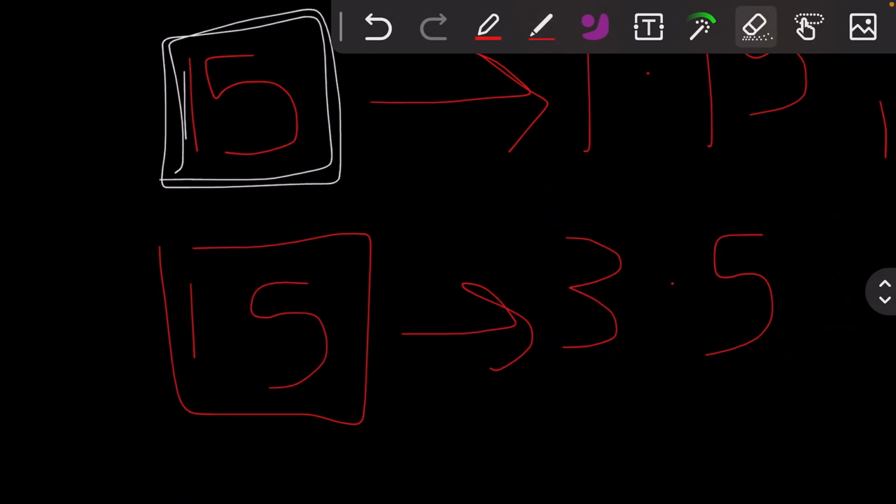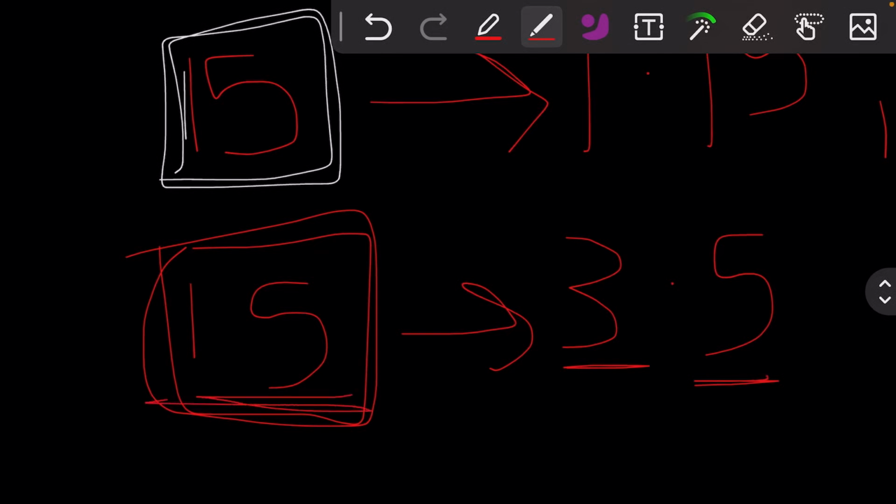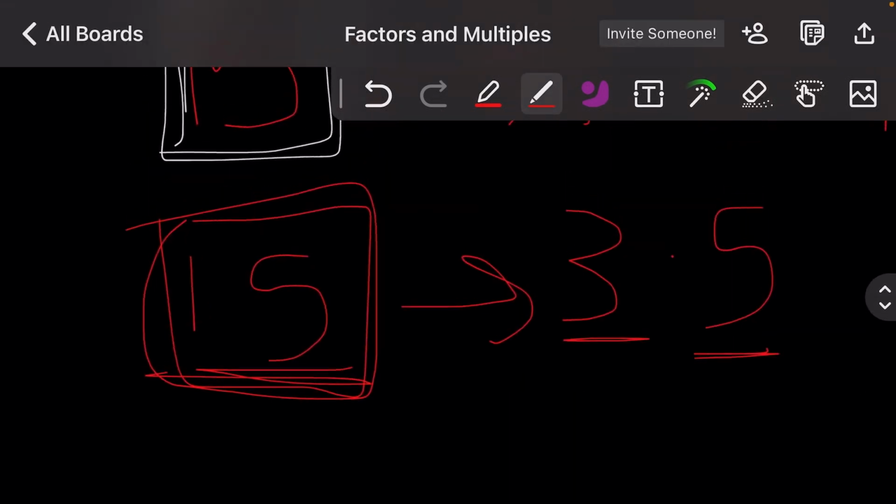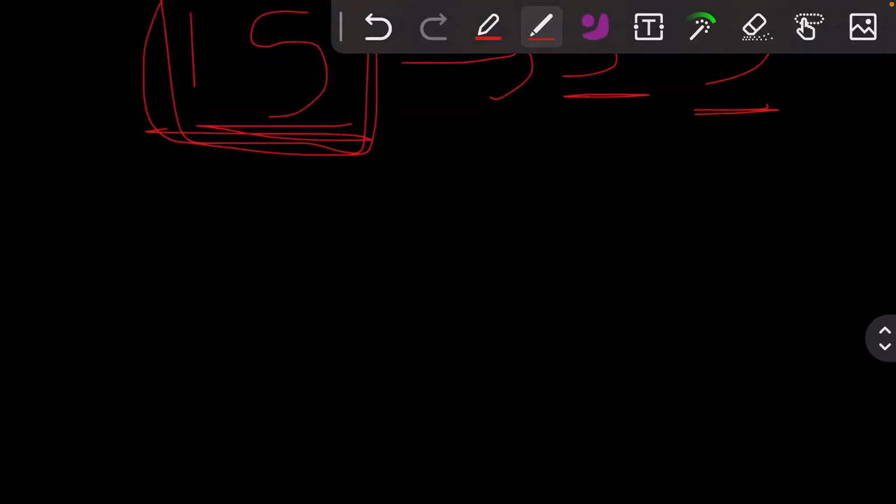So if we want to make a movie called 15, we gotta hire either 1 and 15 or 3 and 5. Again, factor comes from an old word that means performer. So factors of numbers are the actors in the feature film that is that number.